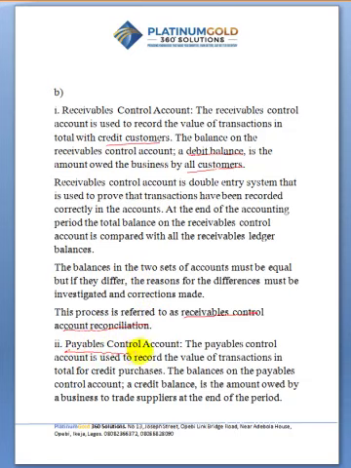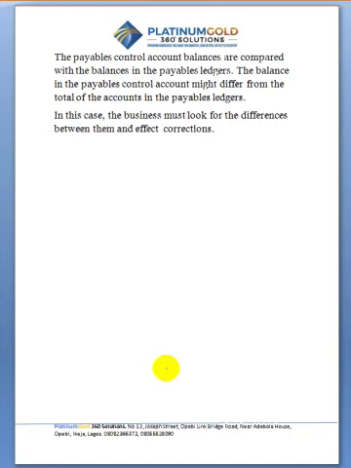Now the payable control account, on the other hand, is used to record the value of transactions in total for credit purchases. The balance on the payables control account, a credit balance, is the amount owed by a business to suppliers at the end of the period. The payable control account balance is compared with the balances in the payable ledgers.